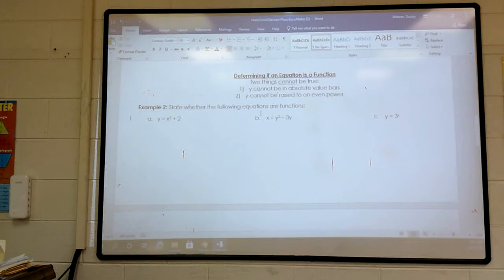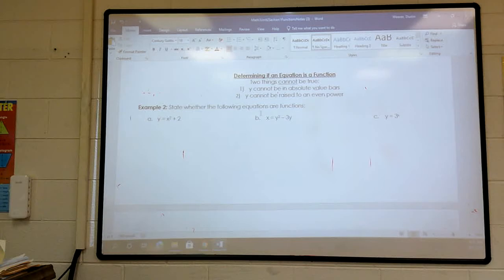These are things that help you determine it if you're still not really sure if you have an equation. 2 things cannot be true, it says. y cannot be in absolute value bars, and y cannot be raised to an even power. So these are just rules where you don't even have to look at the graph, or have ordered pairs, x and y values. You can just know by looking at the equation if it is a function or not.